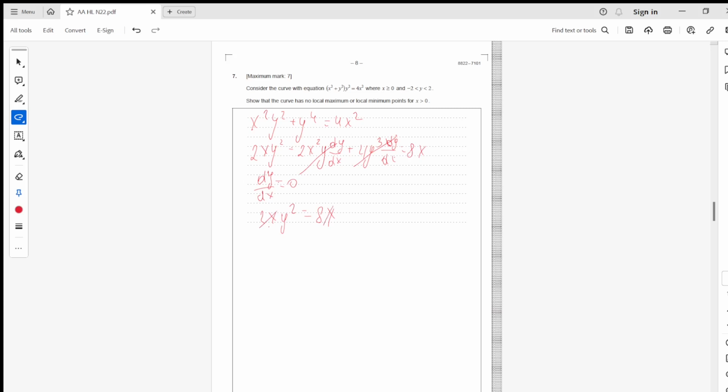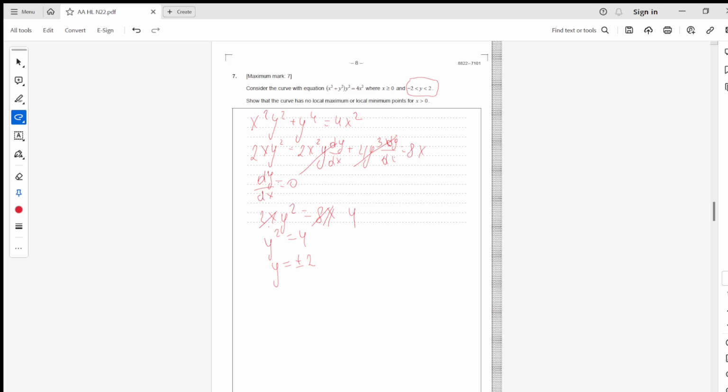We can just cancel out. y squared equals 4. y is equal to plus or minus 2. So this function has a local maximum or minimum when y is equal to plus or minus 2, but our interval for y doesn't include those points.